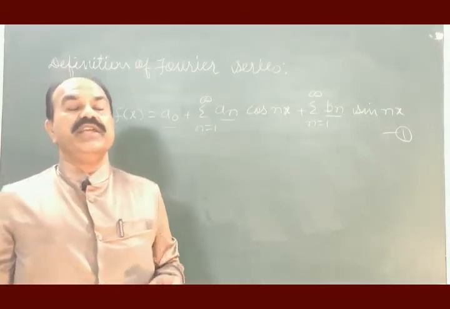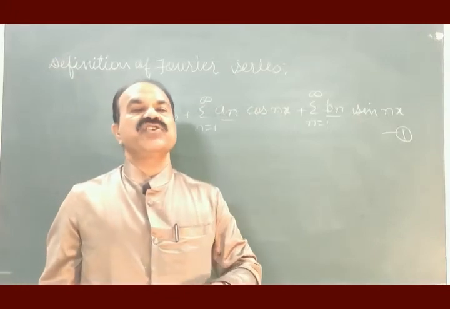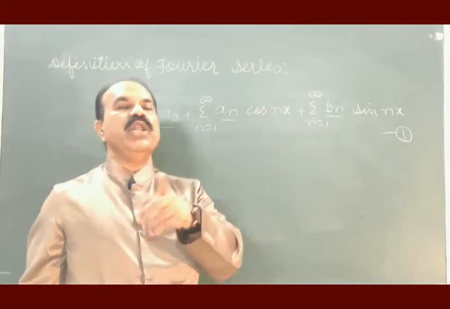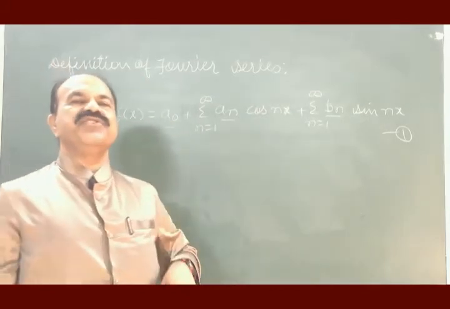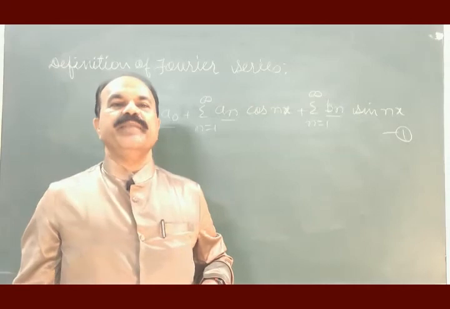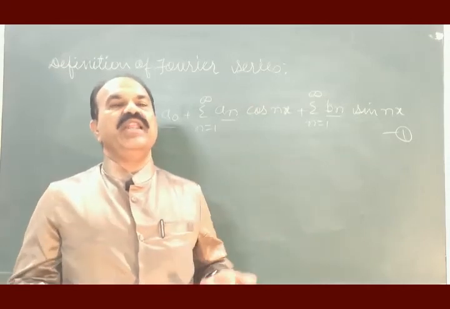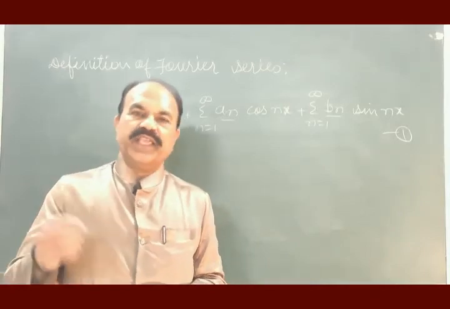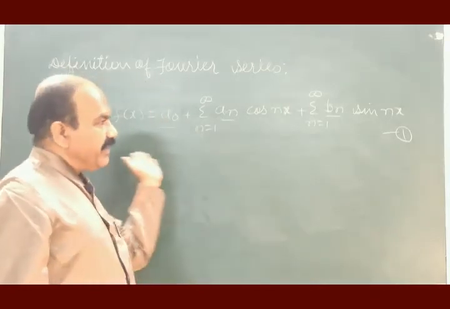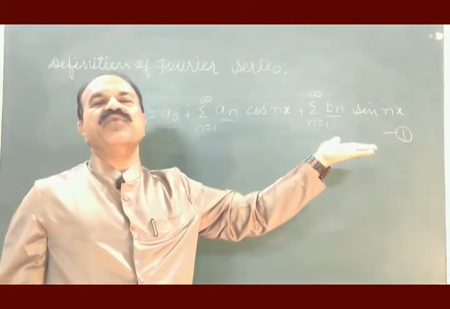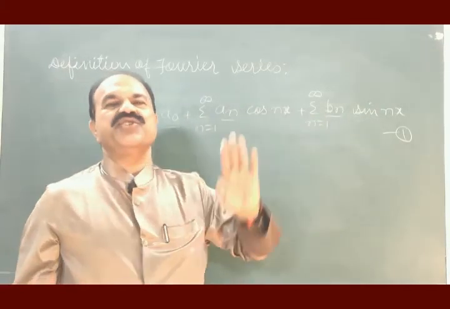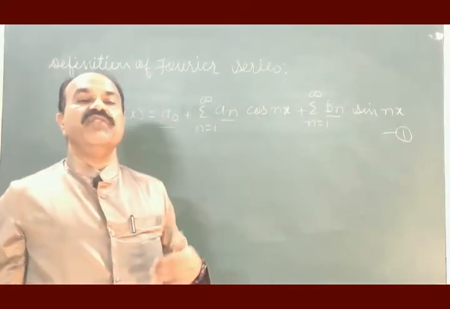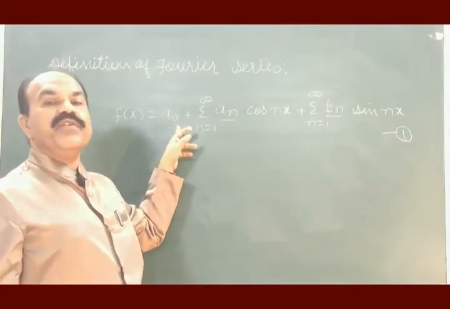It means that if you are asked to represent any function f of x in the form of Fourier series, you need to evaluate the values of the coefficients a0, an, bn. Once you evaluate them, the given function f of x can be represented in the form of a Fourier series such as shown in equation 1. There are different ways of evaluating the coefficients.